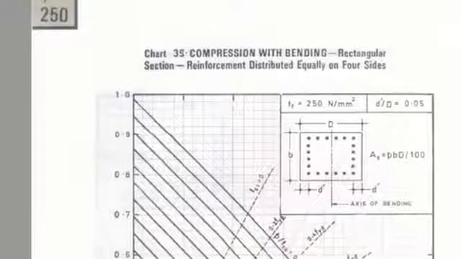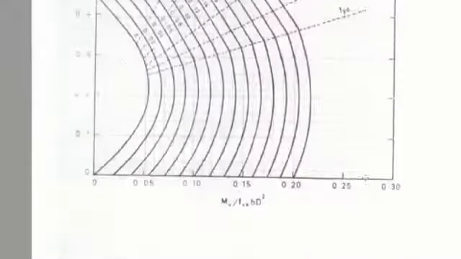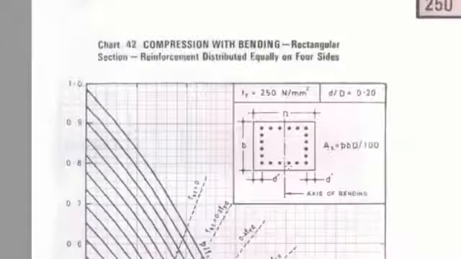Here is chart number 39 for the reinforcement distributed equally on the 4 sides for the rectangular section of the column, and these charts also depend upon the different values of Fy, that includes 250, 415 and 500. Also with D dash by D values 0.05, 0.1, 0.15 and 0.2.